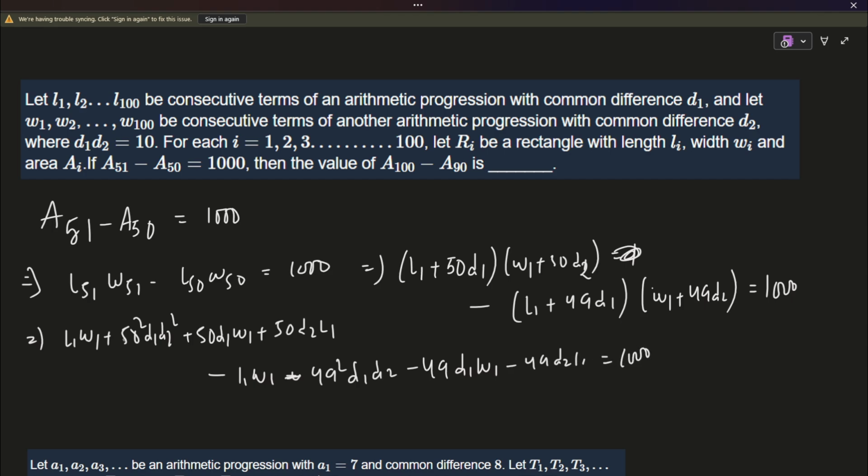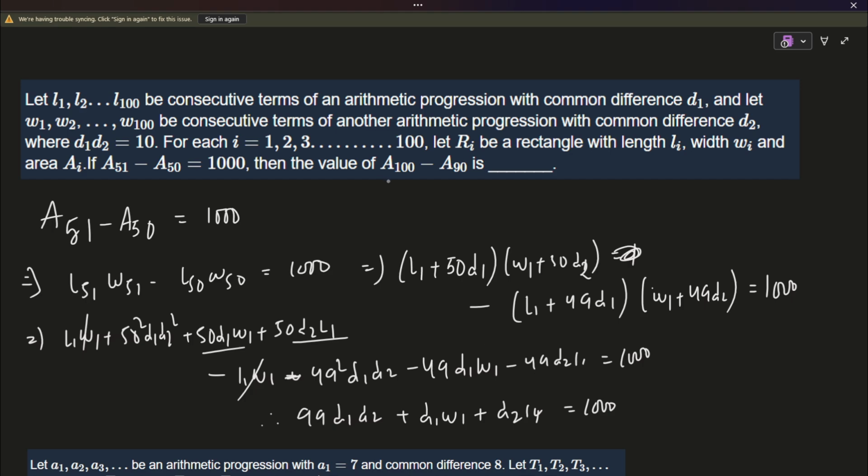You see, these terms will cancel off a lot, and you would be left with 50 squared minus 49 squared, which is 99 d1 d2, and then these two terms will become one, which is basically d1 W1 plus d2 L1 equals 1000.